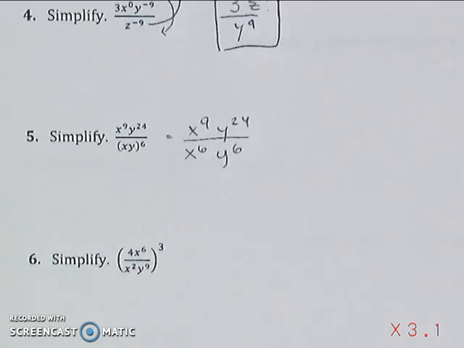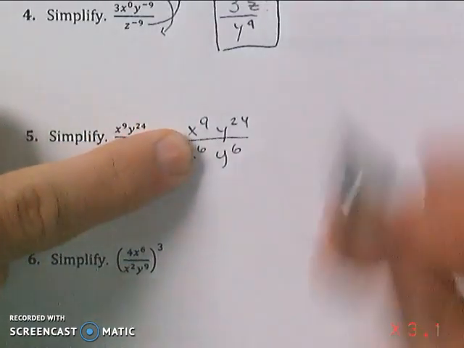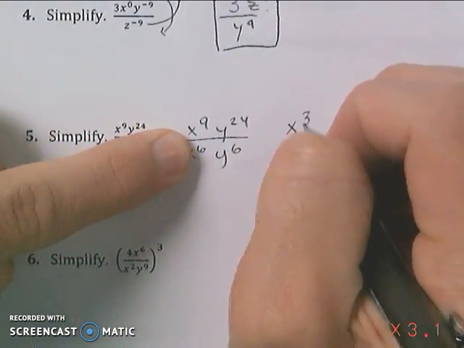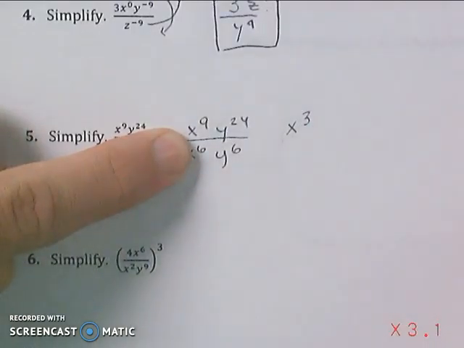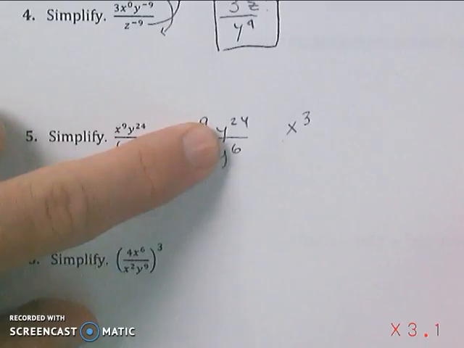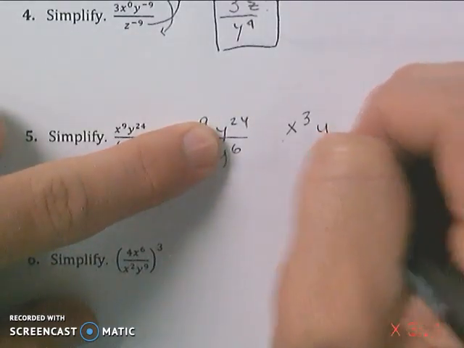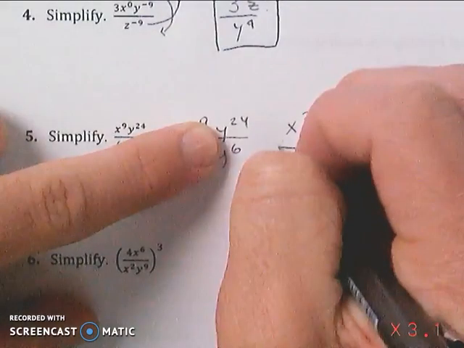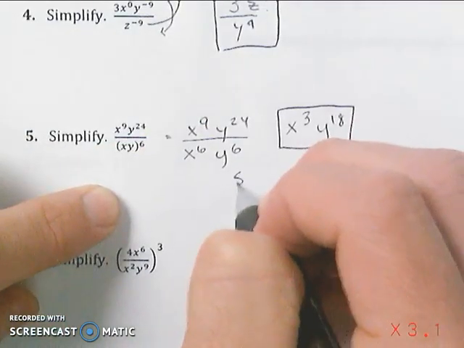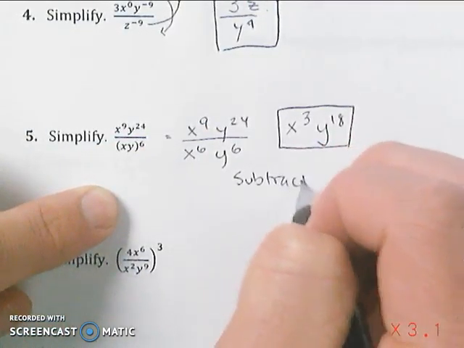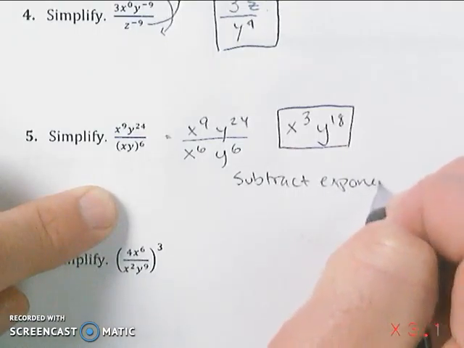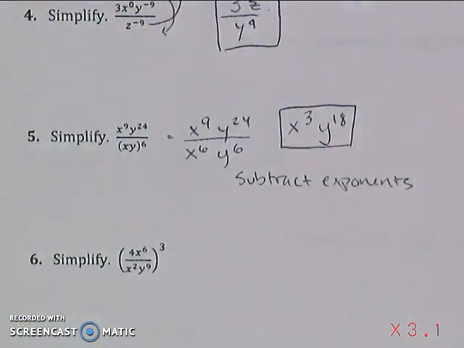When we divide, we're going to subtract the exponents. So 9 minus 6 is going to leave me with x to the 3rd on top. Does that make sense? Okay, subtract 6 from 24 is going to leave me with y to the 18th power. So we subtract our exponents when we're dividing.